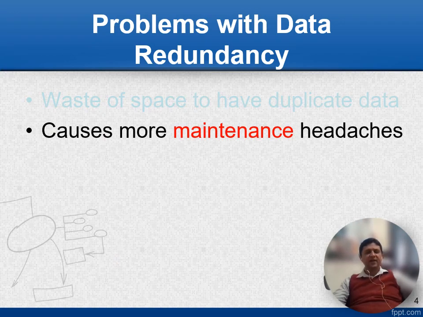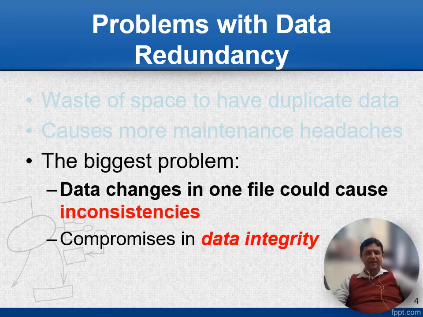And definitely there are more maintenance headaches, because in order to keep all of the copies similar, each and every time there is, for example, an update, we have to perform that update on all of the copies. So there is more maintenance headache.